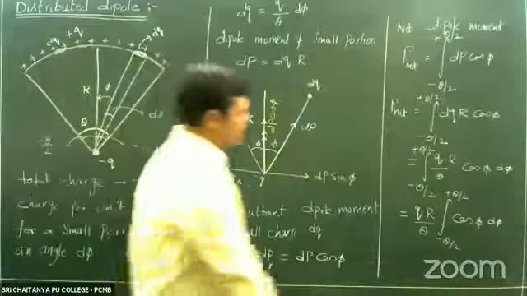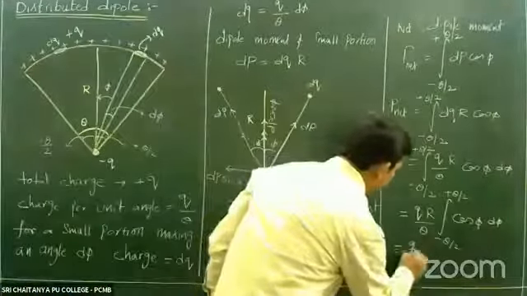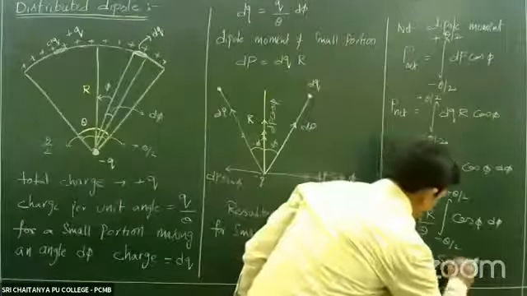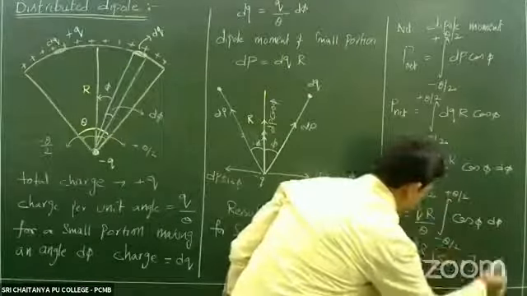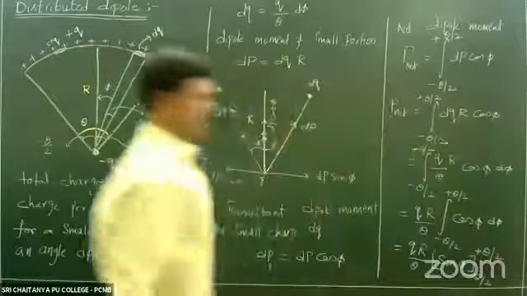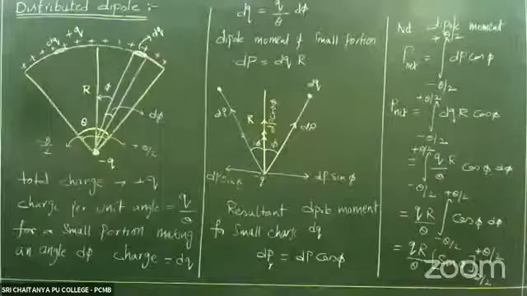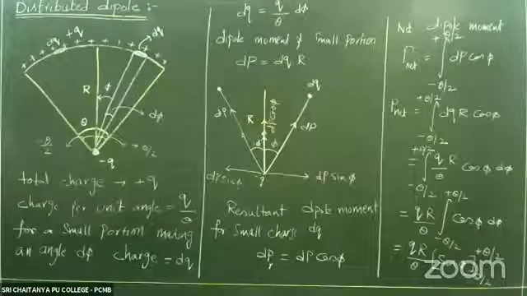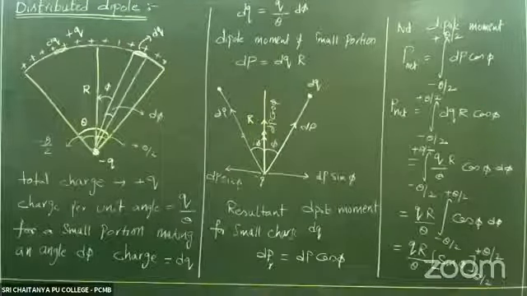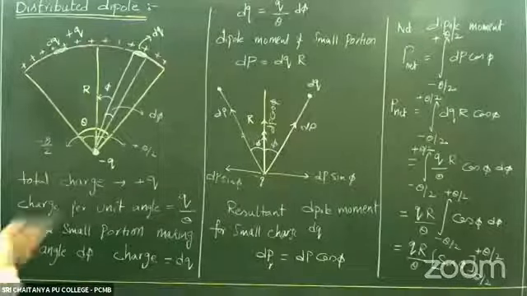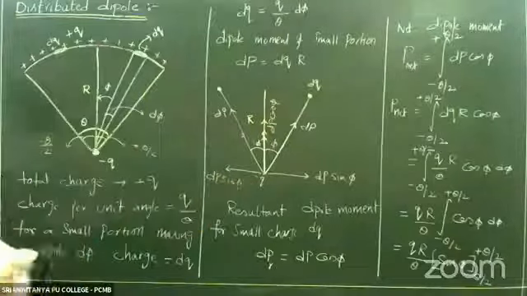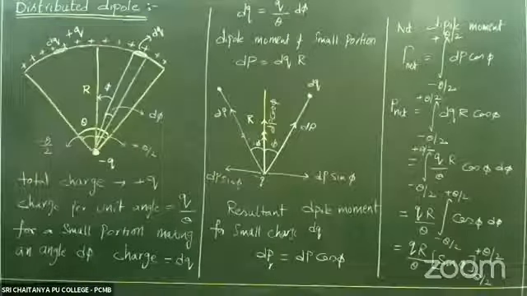So QR by theta, integral of cos phi is sin phi. Okay. Integral of cos phi d phi is sin phi. Limits are minus theta by 2 to plus theta by 2.